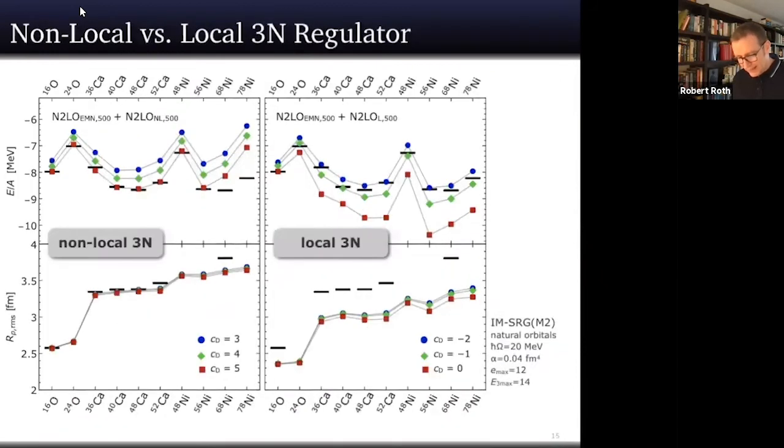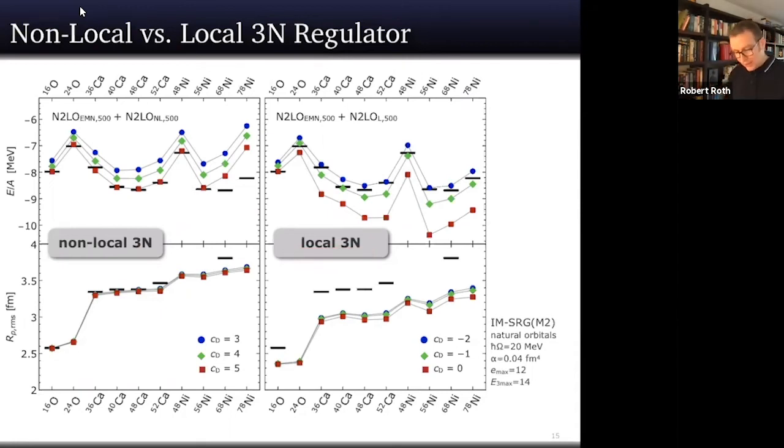Okay, but there's one more part to the story, and I only show that because we had this discussion already. The fact that the radii always come out well has to do with the choice of the regulator for the 3-nucleon interactions. Here we used the non-local regulator for the 3-nucleon interaction. And in all of the other older interactions, for purely technical reasons, one used a local 3-nucleon regulator.